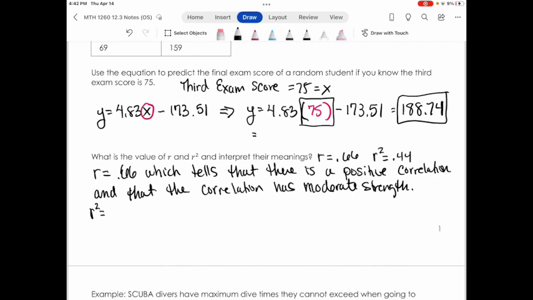Now the r squared is a percentage or a ratio.